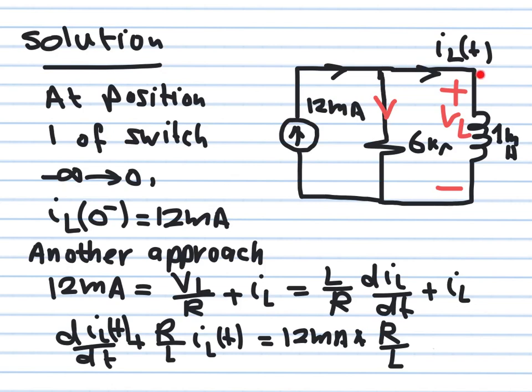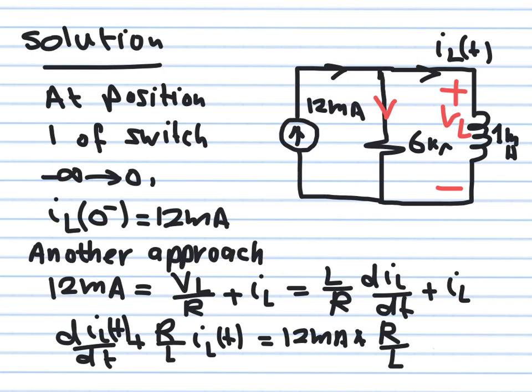What about this current? This is the inductor current. We'll keep the inductor current as it is, but we're going to replace the inductor voltage by L di by dt. So after you wrote this current here as VL over R, I'm going to replace this VL by L diL by dt, because I need to keep everything in terms of the inductor current.